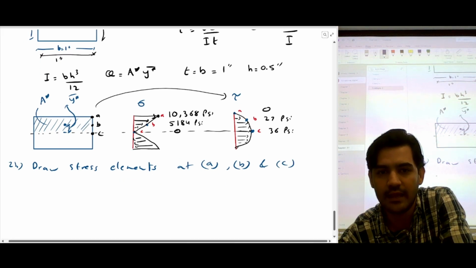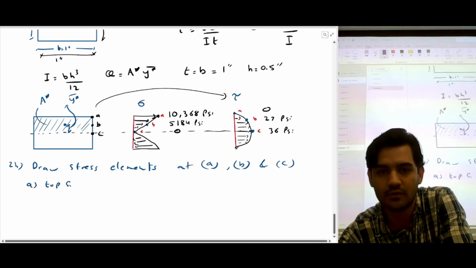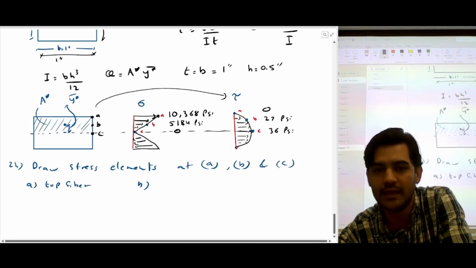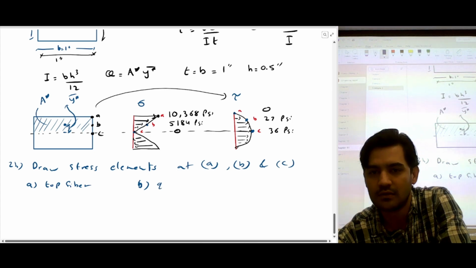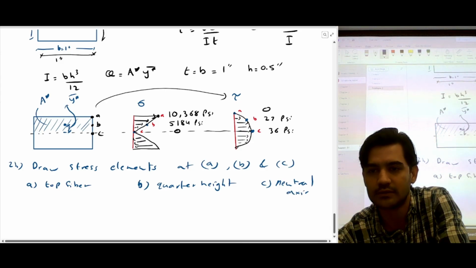At A, let's call this the top fiber. B is at quarter of the height, and C is at the neutral axis.